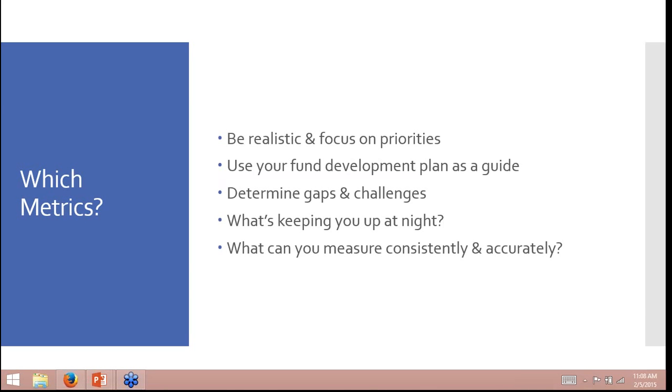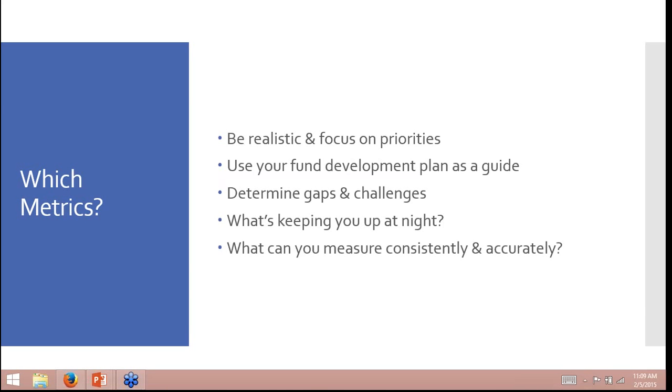I think it's important to use your fund development plan as a guide. I mentioned this a little bit in the last slide, but I want to reiterate that as you develop your fund development plan, you should be incorporating metrics into that plan. Every goal and objective and strategy and action item that you have in your fund development plan should be measured by a metric that's telling you whether or not this is successful.